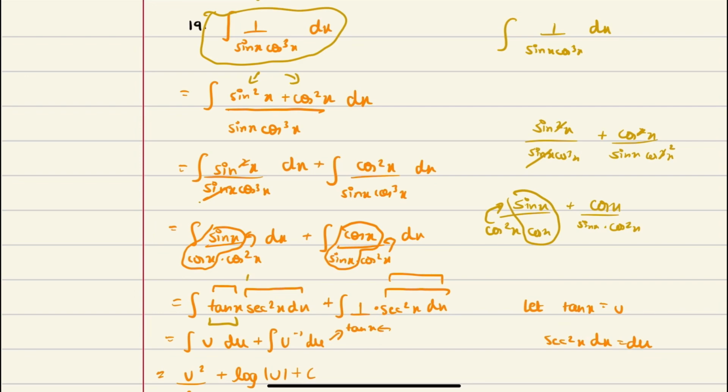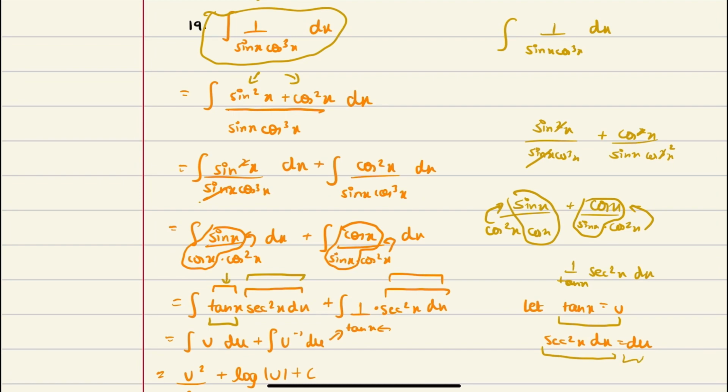x squared. So we have again tan and sec, a classic integral, and here we'll have a cotangent x, but I'm going to write that out as 1 over tan x because when we see that this shoots up to the numerator to form secant squared x, and when we have secant we always want tangent, right? So I'm going to let tan x equal u and secant squared x dx is equal to du, which is what I have made replacements here.